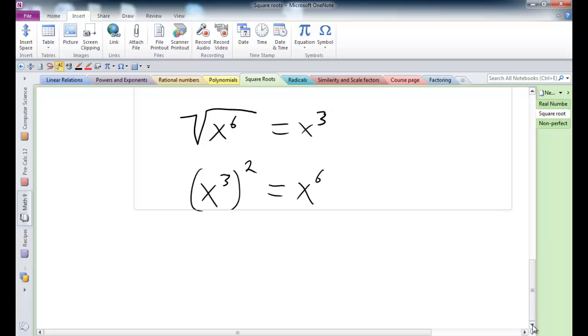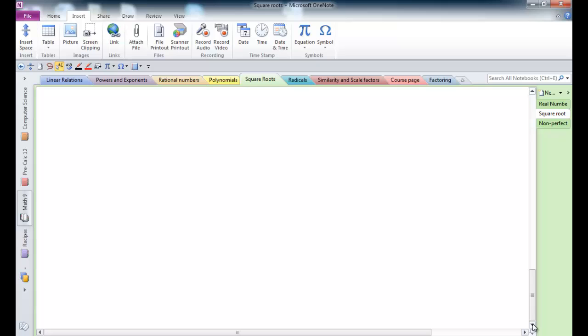Another hard one would be a fraction, but it should pose no problem to you. Let's look at the square root of 16 over 9. So I need a number that squared will give me 16 over 9. You can see that would be 4 over 3. 4 over 3 squared would be 16 over 9.